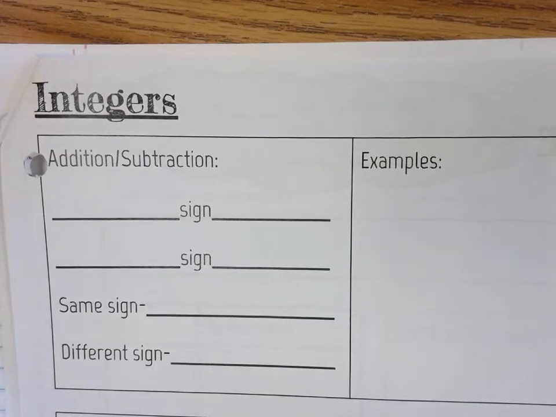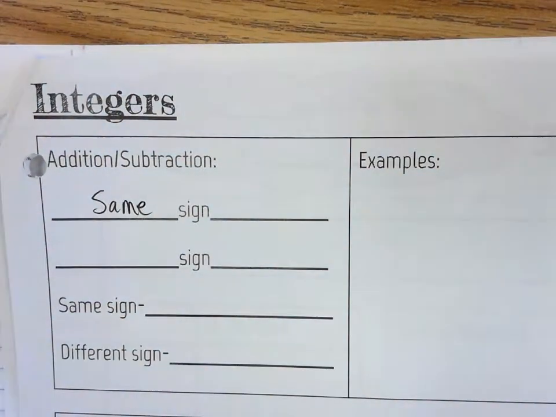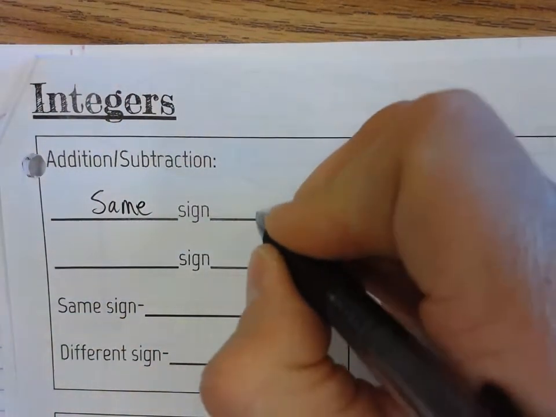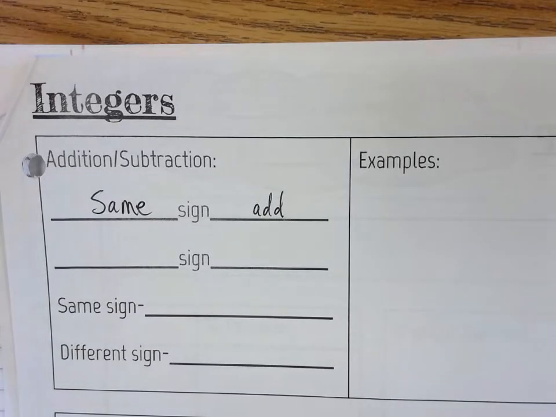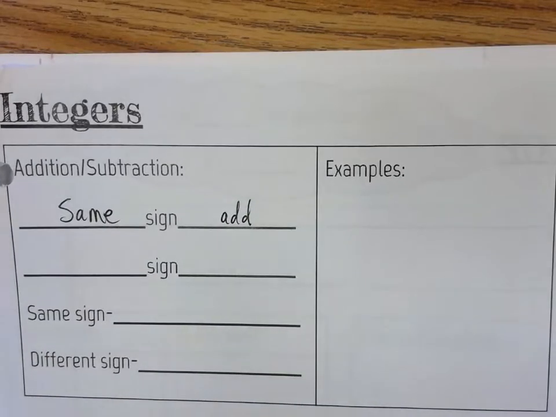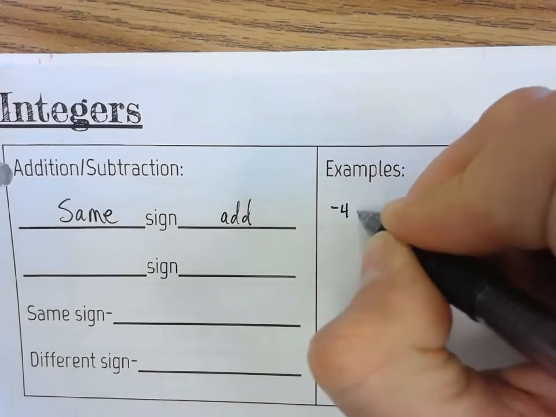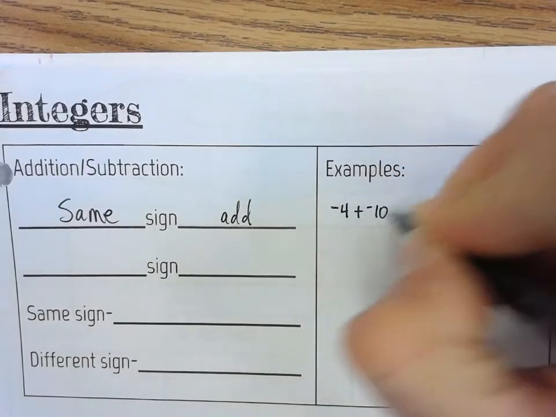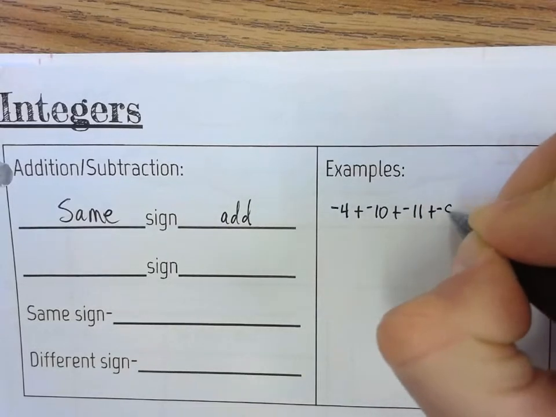First thing is, if they have the same sign, you want to add them. Here's a nice little example. Let's say we've got -4 plus -10 plus -11 plus -8.